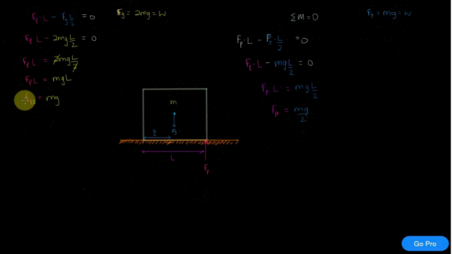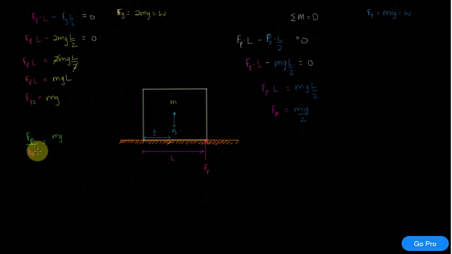How much more force did I have to apply in scenario 2 relative to the force that I had to apply in scenario 1? So just for sake of brevity, I'm just going to call this FP2. How much more did I have to apply? So we make this a ratio, relative to the force that I had to apply in scenario 1, FP1. Well, that's equal to just this mass times gravity.